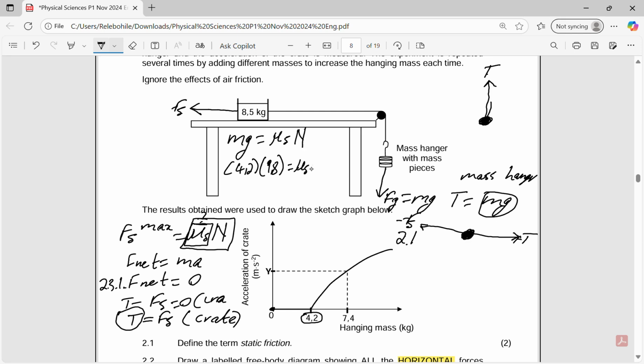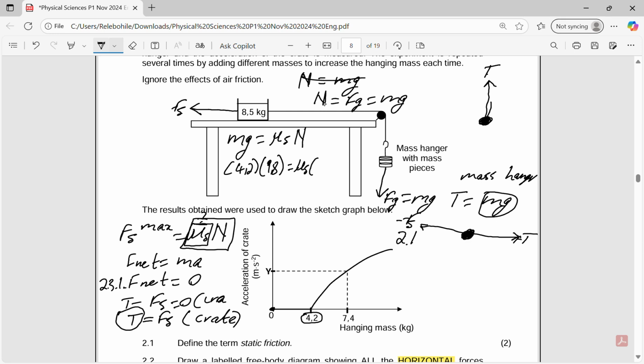Normal force, guys. The normal force we are looking at here has to do with this crate, and we can see that the crate has a mass of 8,5. Remember that normal force is equal to Fg, which is equal to mg.